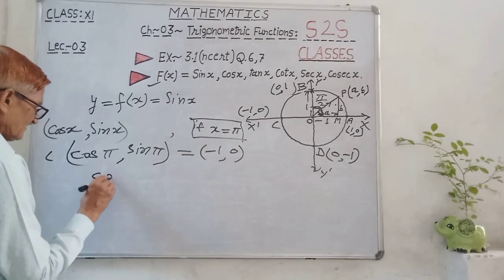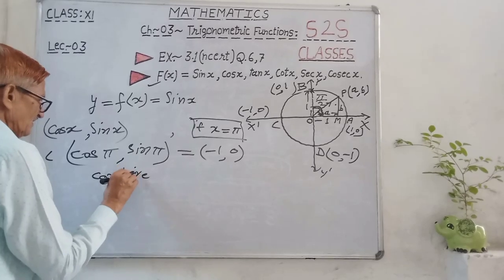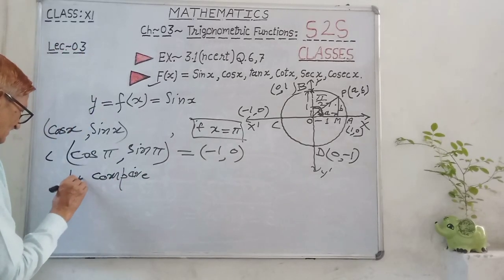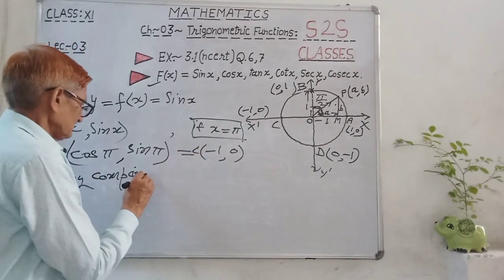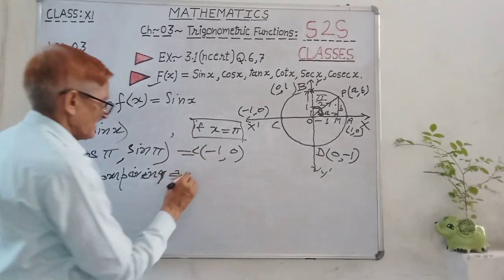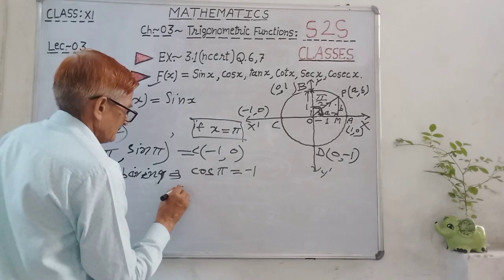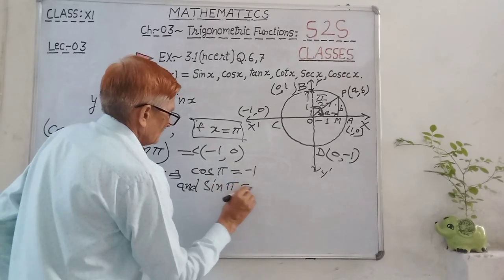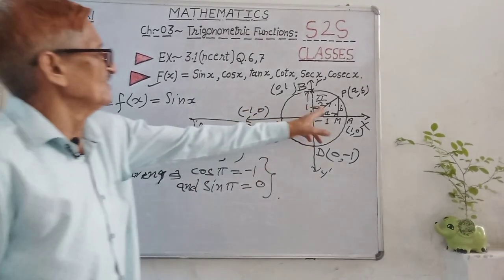So compare these 2 points. ये पॉइंट C, ये भी पॉइंट C, सेम पॉइंट. तो बाय कंपेयरिंग what we get, cos pi is equal to -1, and sin pi is equal to 0.